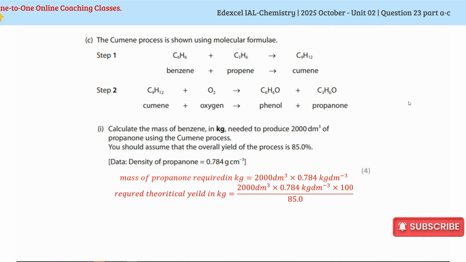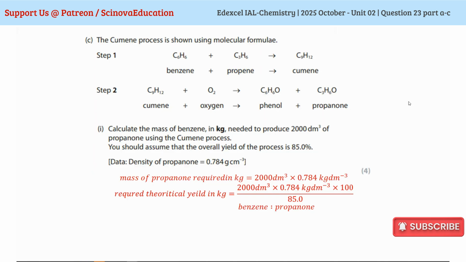Since the yield of the process is 85%, we have to produce more to get that mass. To find how much exactly, we multiply the mass required by 100 and divide by 85.